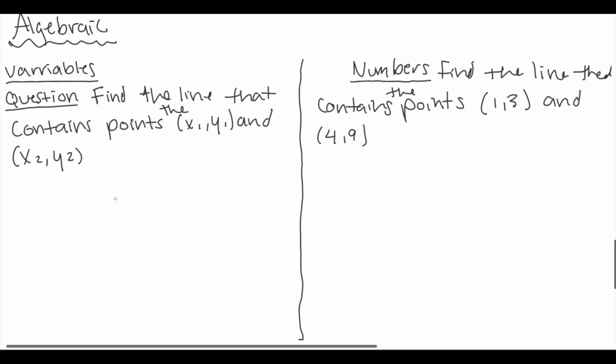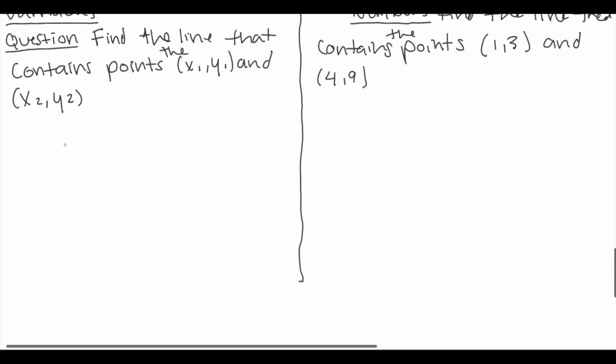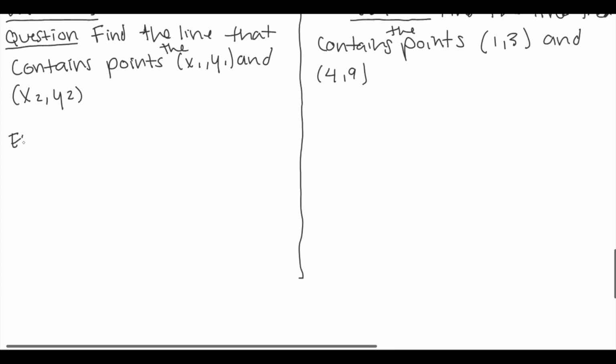First we have to look at 2 points, and then our end goal is to create a line in slope-intercept form. It doesn't have to be this one, but I think this one shows us a lot of cool stuff.